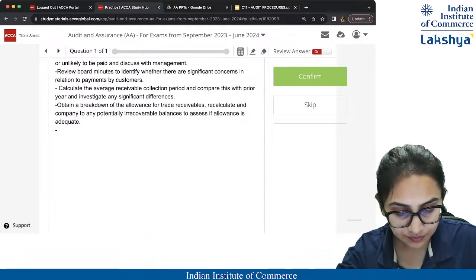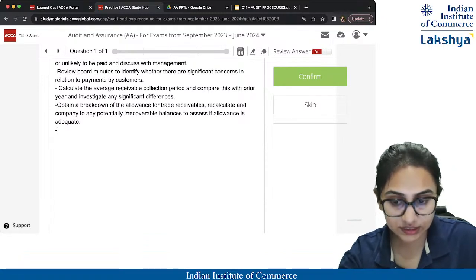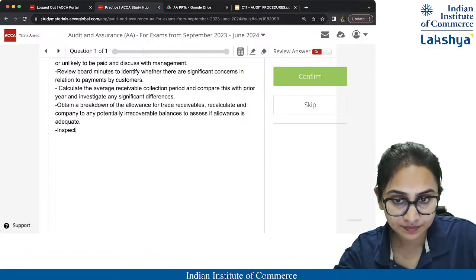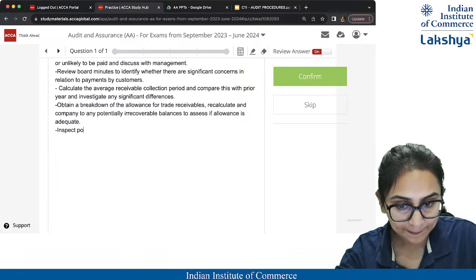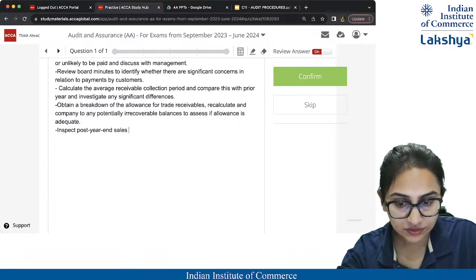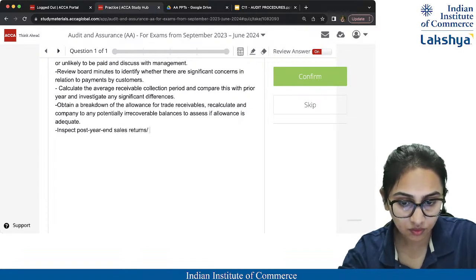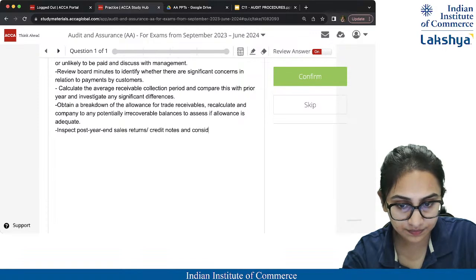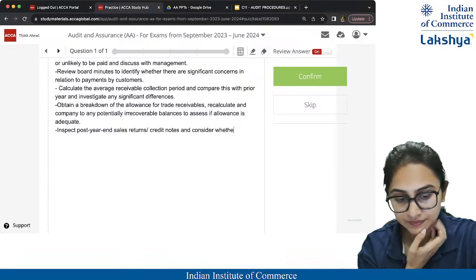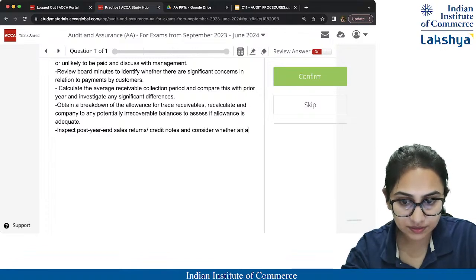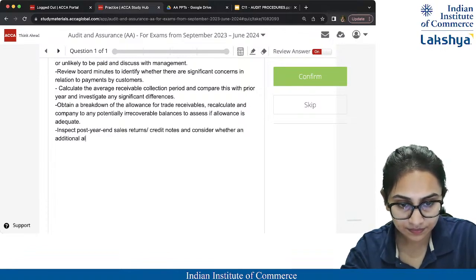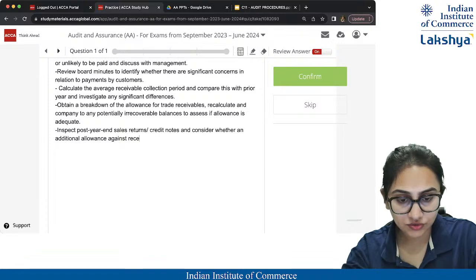So inspect post year-end sales returns or credit notes and consider whether an additional allowance against receivable is required.